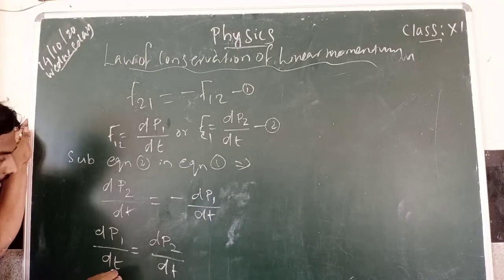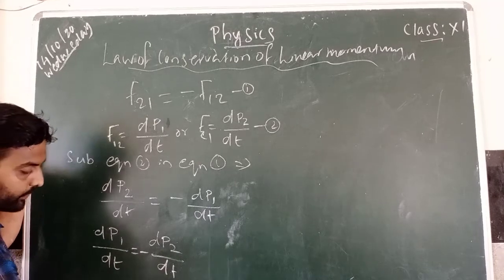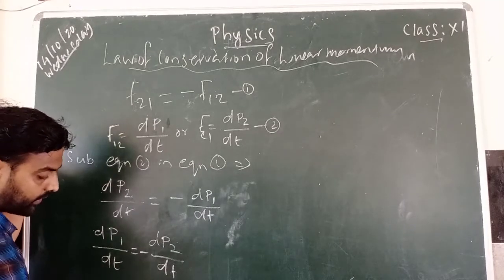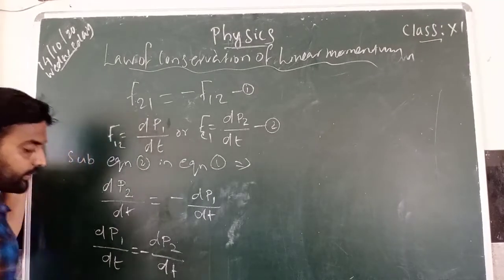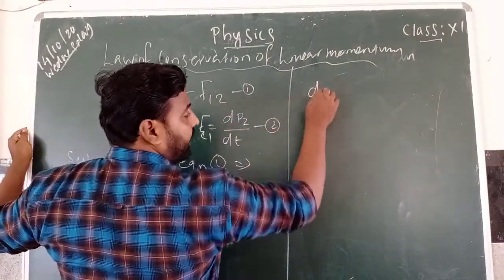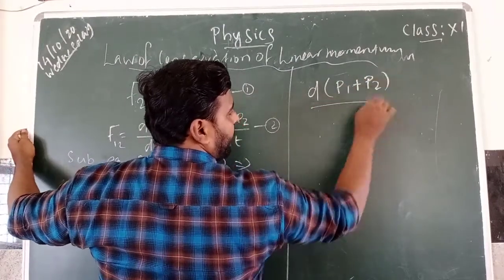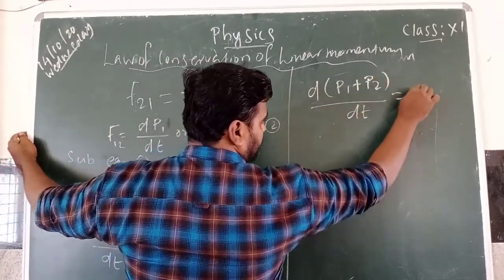Rearranging, we can write this equation as dP1 by dt plus dP2 by dt equal to 0. Now from this equation, d of (P1 plus P2) by dt equals 0.